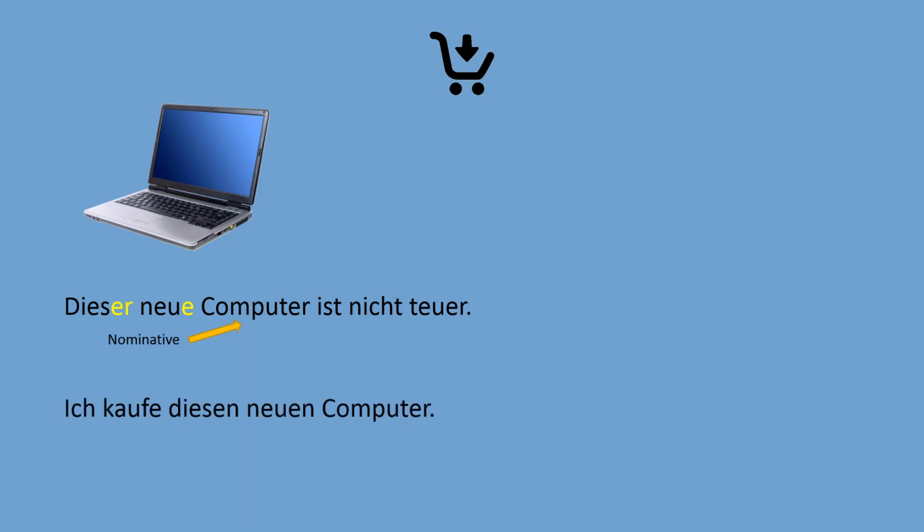Okay, when I change my sentence and tell that I'm buying this new computer, I will say ich kaufe diesen neuen Computer. I will change my demonstrative pronoun and I will change the ending of my preceding adjectives. Why am I doing this? Because computer is a masculine noun and is now used in the accusative case.